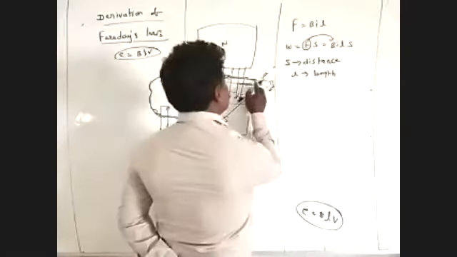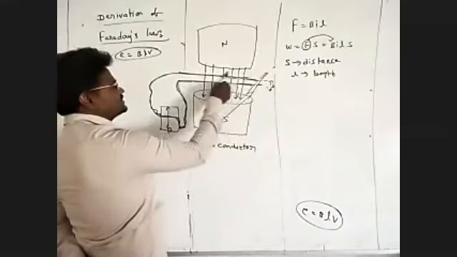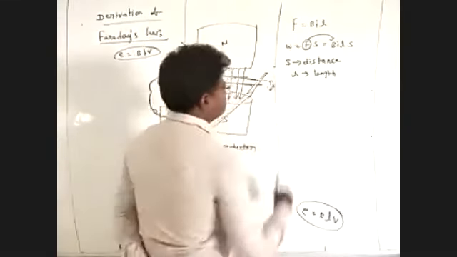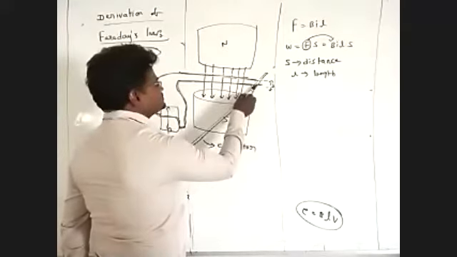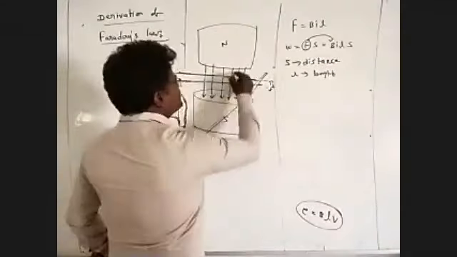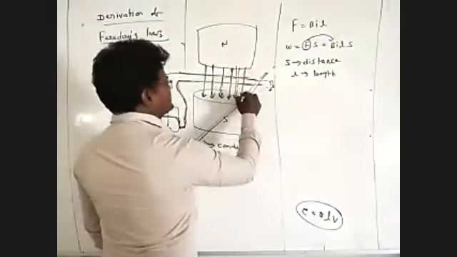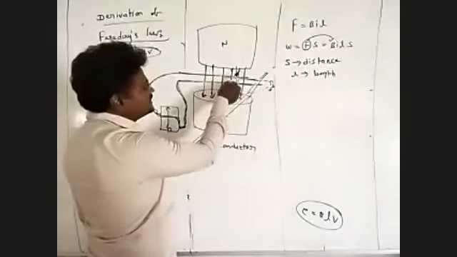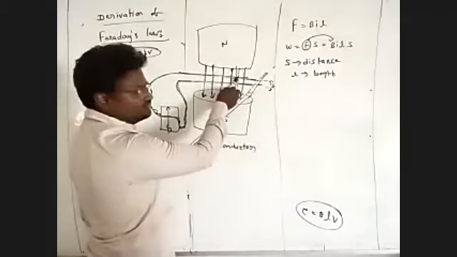Now this connector moves in a leftward or rightward direction. What will happen? We get a change in flux lines. With the connector at this place, 1, 2, 3, 4: four flux lines are linked with the connector.